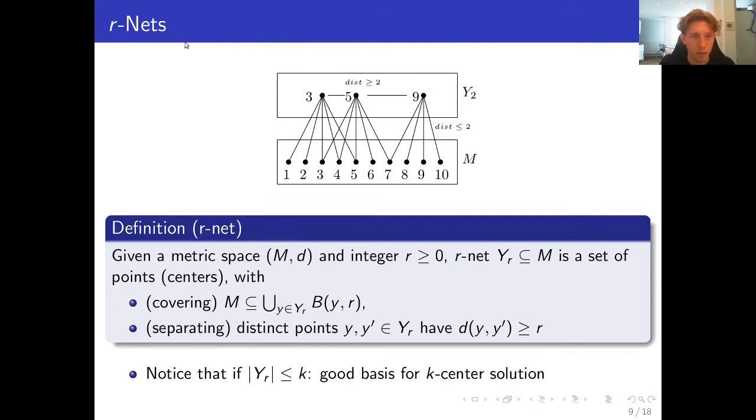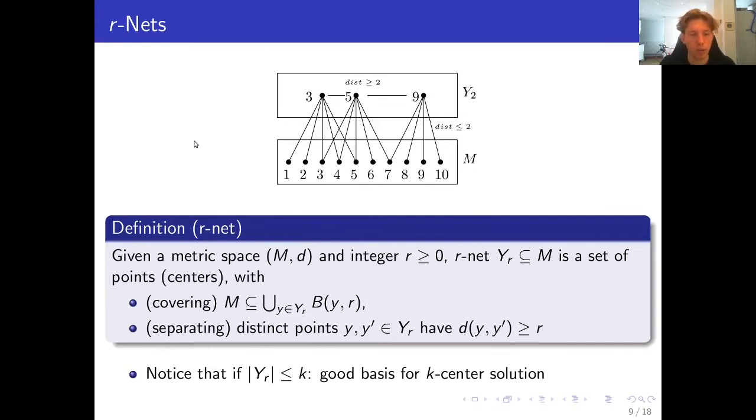Yeah. Okay, so let's dive right into it. r-nets. An r-net is defined as follows. You're given some metric space (M, d) and an integer r greater or equal than 0, and the r-net Y_r is a set of points which we call centers with the following two properties.